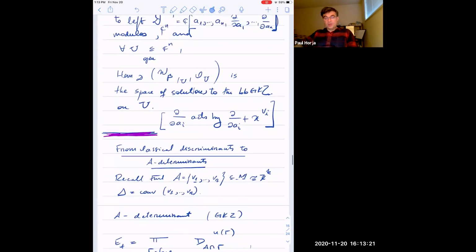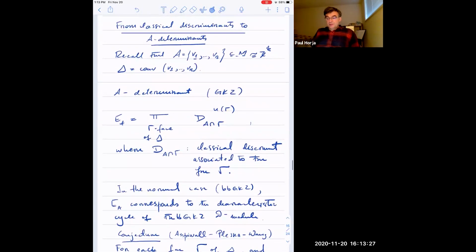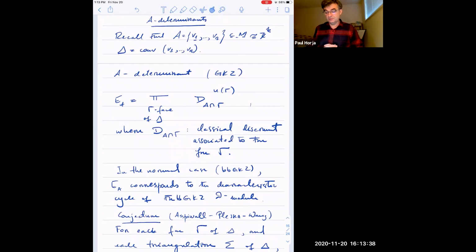Okay, so let me now move to the more categorical part. What's the non-classical story here? What Gelfand, Kapranov, and Zelevinsky have done in their book is show that for such a configuration as before, the set A again with a hyperplane condition, they build this gadget, which I think is called the A-determinant.